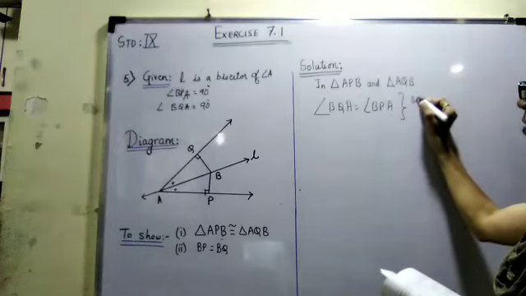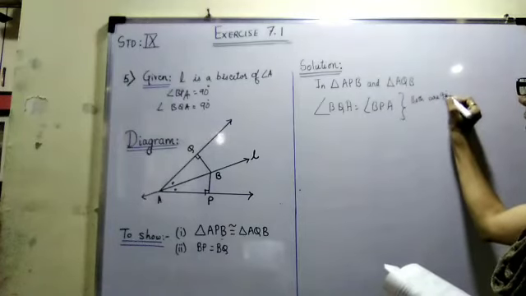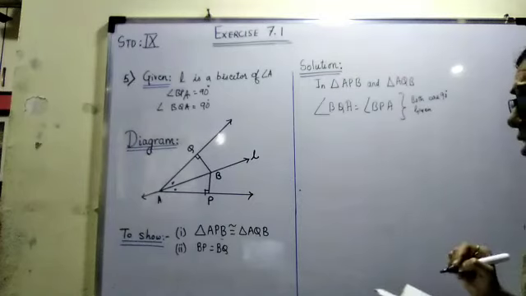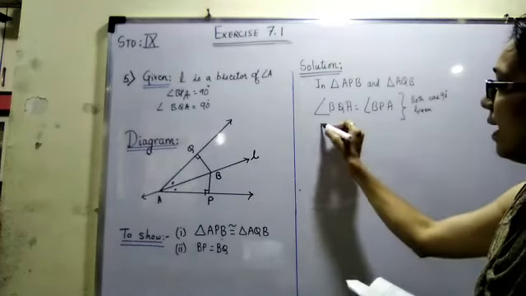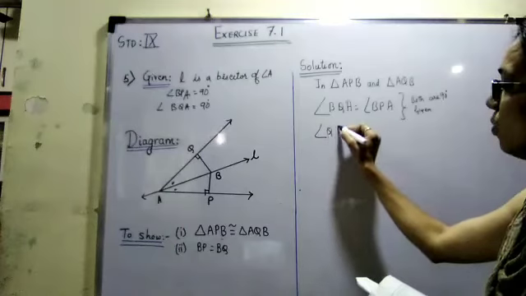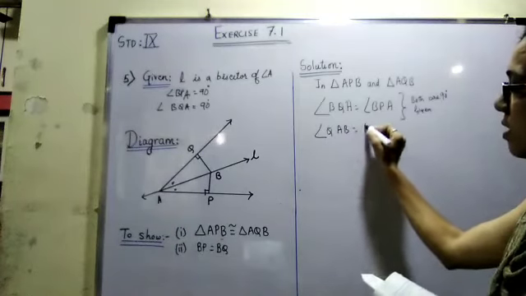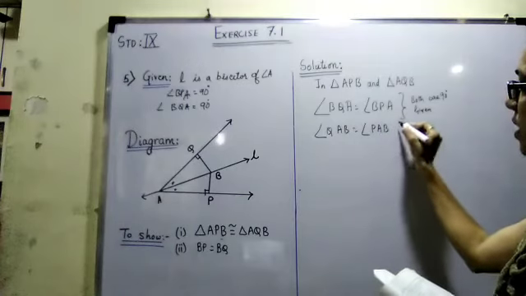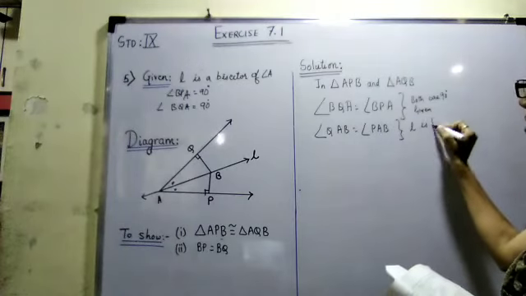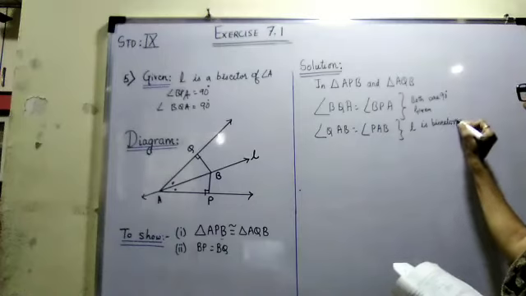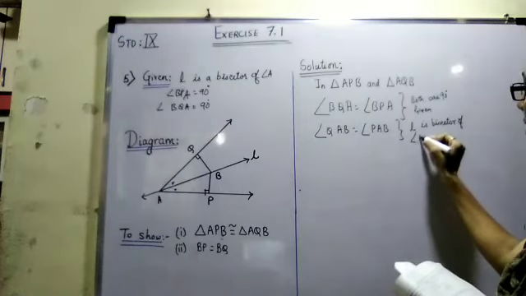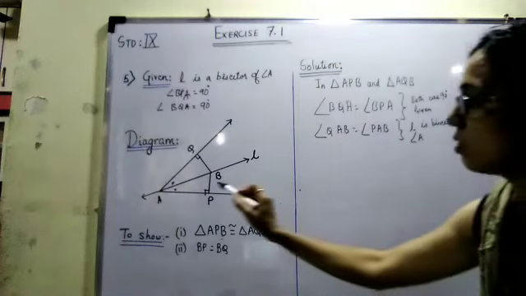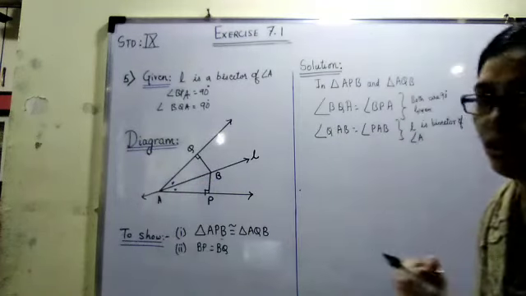Given, both are 90 degrees and it is given to us. Next thing, angle QAB is equal to angle PAB. Reason, L is the bisector of angle A. So it implies these two angles to be congruent. So we can see that this angle is congruent.